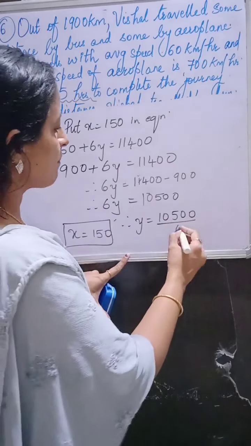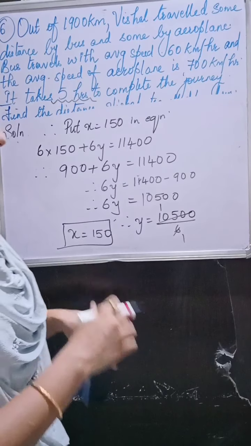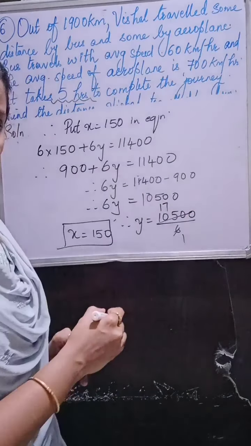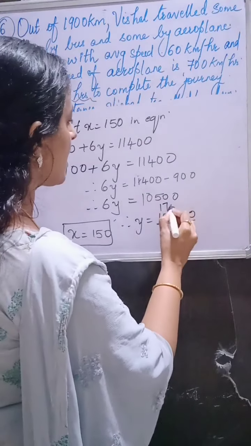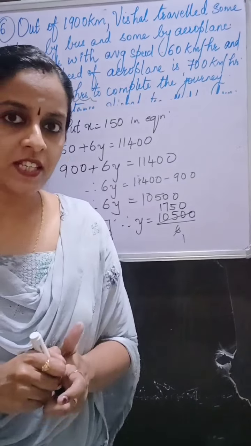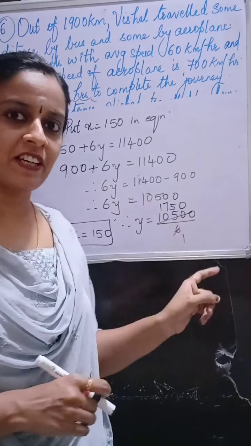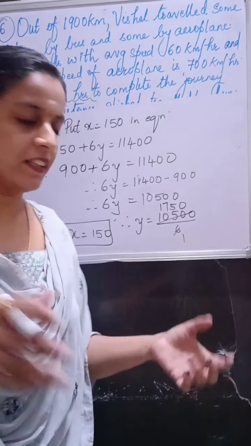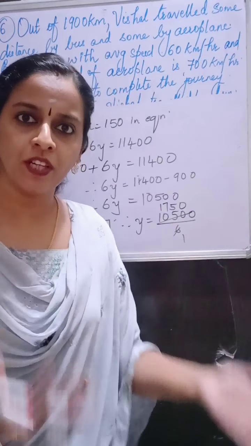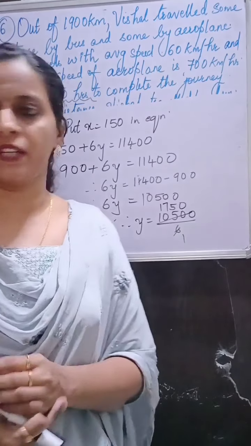It will go in the 6 table. 6 ones are 6, 4 and 5. 6 sevens are 42. 3 and 0. 6 fives are 30. So the distance covered by aeroplane y is 1750 kilometer. Yeah, distance covered by aeroplane is coming to be more because aeroplane will cover more distance. Distance covered by bus is coming to be 150 kilometer.